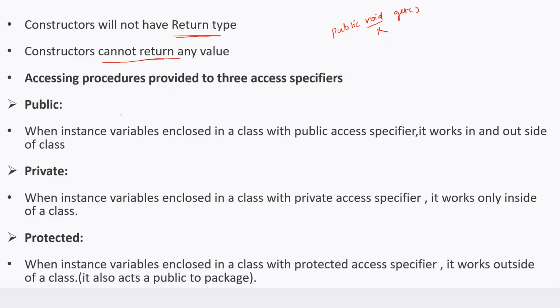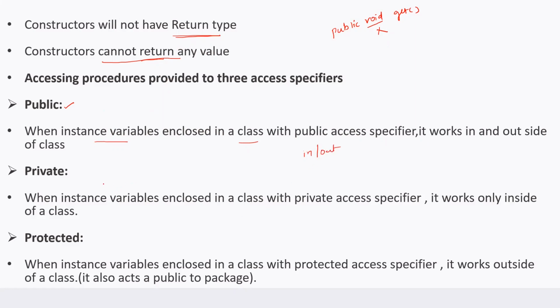Now there are some accessing procedures provided by three access specifiers in Java. The first one is public. When instance variables and methods enclosed in a class have the public access specifier, they will work inside the class as well as outside the class.